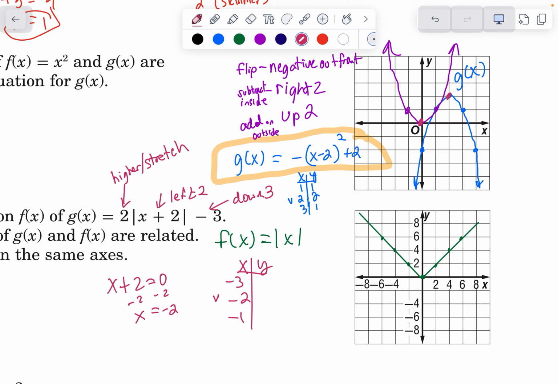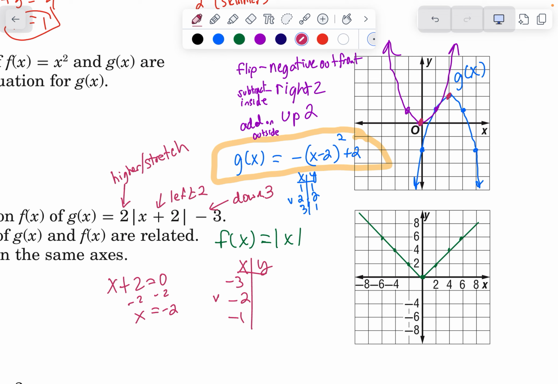So once you find the center of a quadratic, of an absolute value, and sometimes even a cubic, it's not a bad idea to plug in something one below it and one above it. We should know that this is going to happen, that it's going to be stretched higher. It's going to move left 2 and down 3. It's not flipped over, still a V, but it's a little skinnier and higher. Move left, down 3.